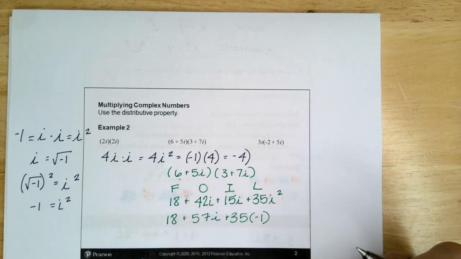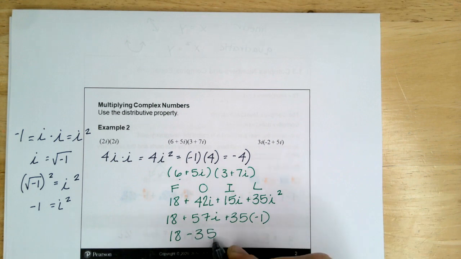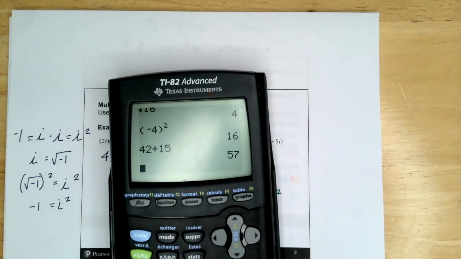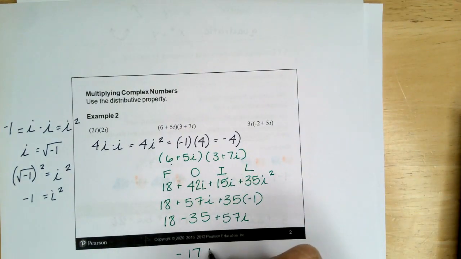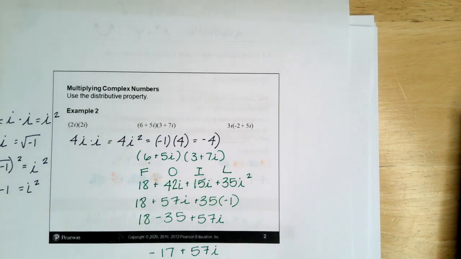So we're going to take that 35, multiply it by negative 1, and we have 18 minus 35, plus 57i. Okay, 18 minus 35, negative 17. Negative 17 plus 57i. Good? You're just pretending it's a variable, you're following the rules of a variable, but if at any time you get i squared, you replace it with a negative 1.